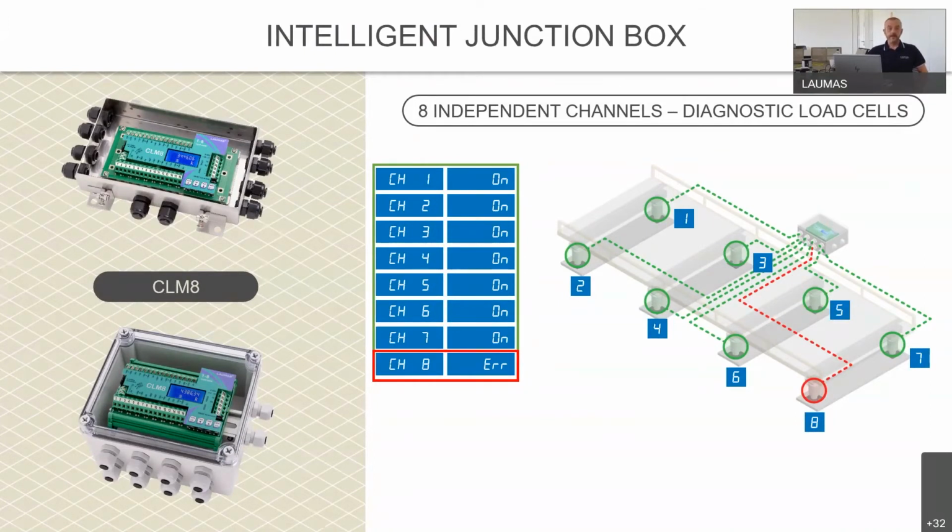It is a real weight transmitter with 8 independent input channels. It has a display and a keypad for the calibration, and it can communicate via RS232, 485, or via Ethernet TCP/IP to a LAUMAS indicator or to a PC software.